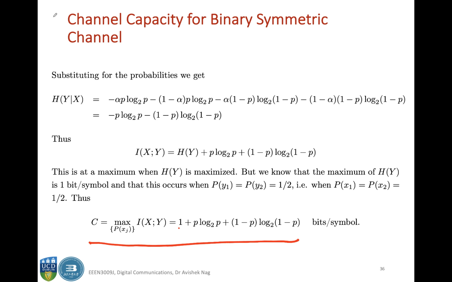So let me look back again. When your P is 0, then both of these terms are 0, and you are left with 1. So when P equal to 0, you have 1. When P equal to half, you can see that this will give you 0.